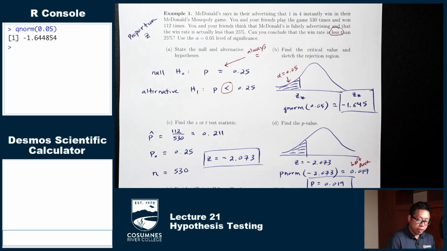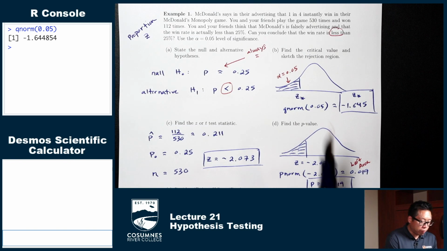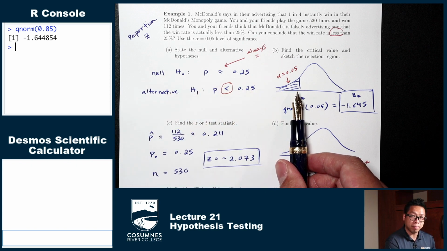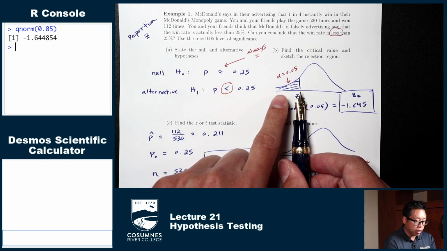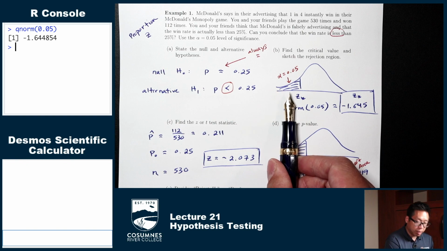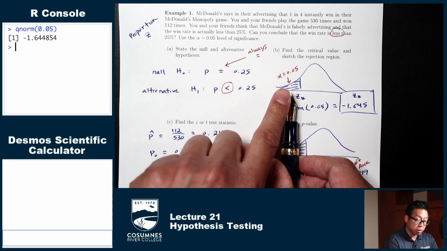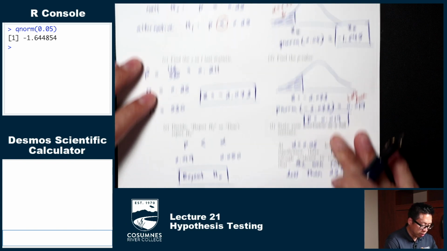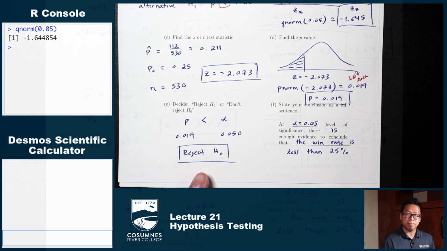And so what we're doing here is we're finding the z that has exactly 0.05 to the left, which means if you're in the rejection region, if you're in this shaded region, and you look at the area to the left, that would be a smaller area. So for sure, that area is going to be less than 0.05. So that means that if you were to find the exact p-value, it's for sure going to be less than 0.05, which is why we reject.